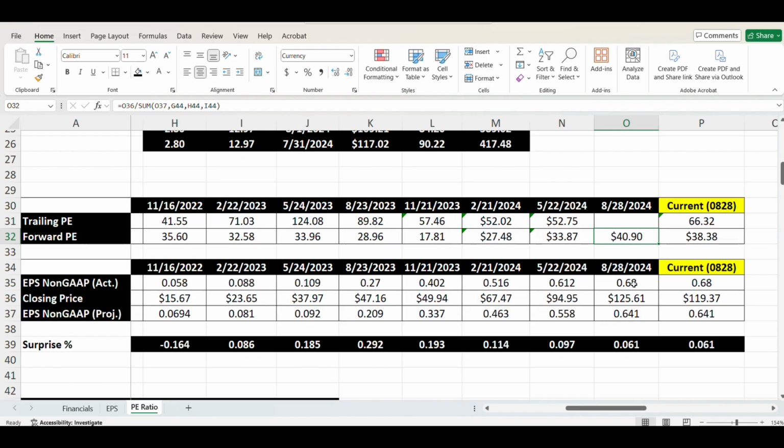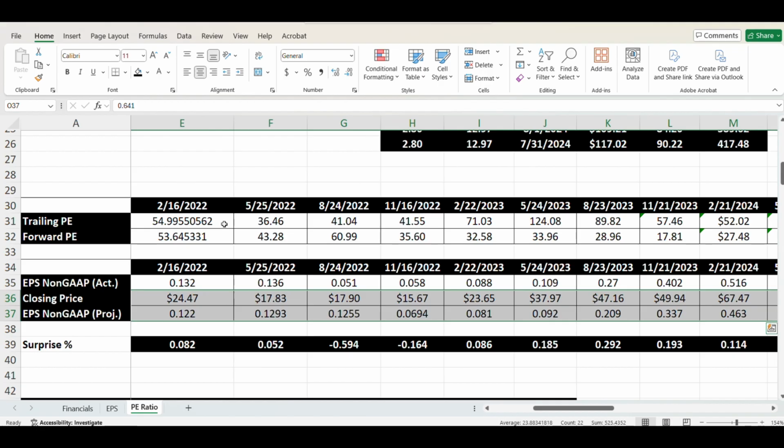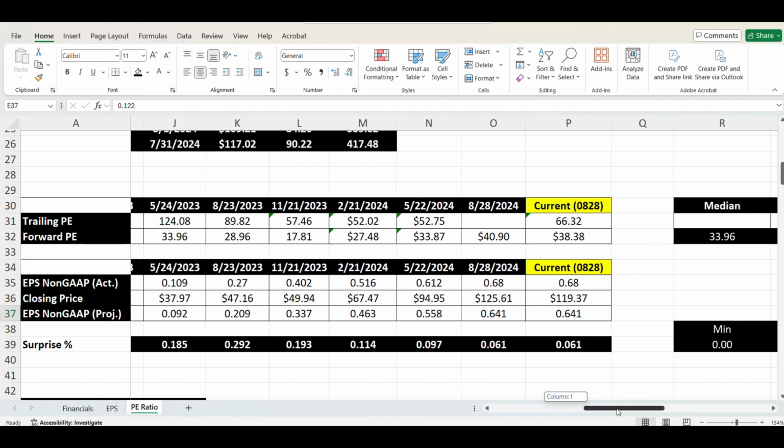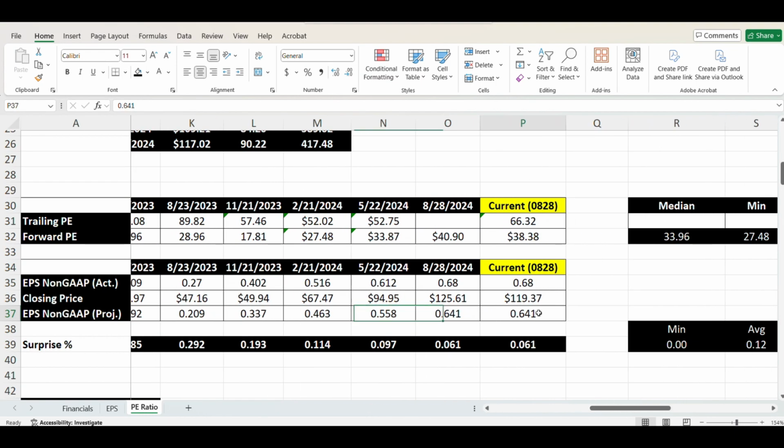And I also updated this table with the latest EPS actuals and the latest EPS projections, and also the historical data for the last 13 quarters, both for PE and also actual EPS and projected EPS for the last 13 quarters, including the latest quarter.